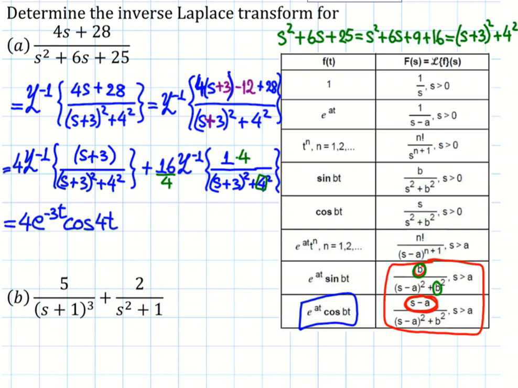So outside of the parentheses, we have 4, and inside the parentheses we have exactly this form, which will be e to the at sine bt. So e to the negative 3t, and then sine of bt.